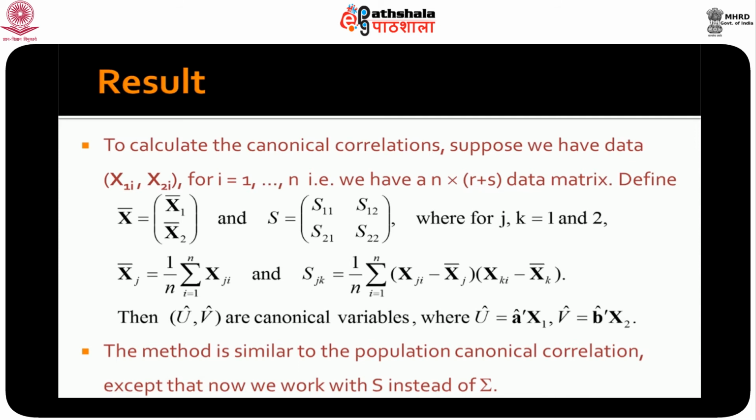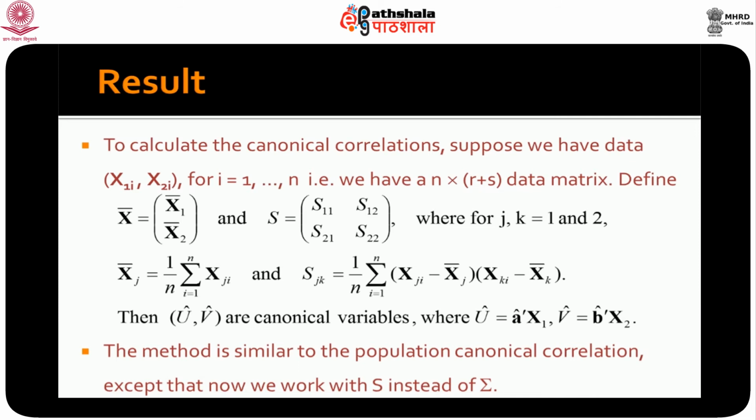And then we have the linear combinations u hat equal to a hat prime x1 and v hat equal to b hat prime x2. And we find the canonical correlation by finding the correlation between this u hat and v hat. And the results follow as before.